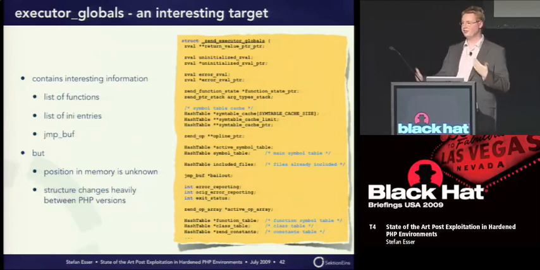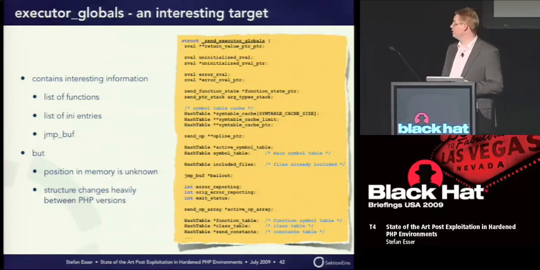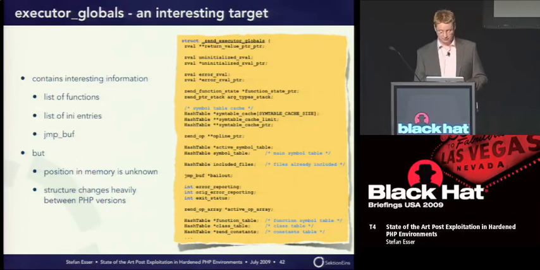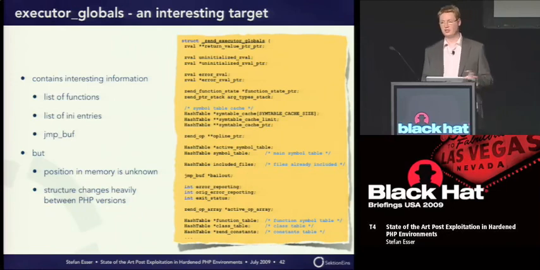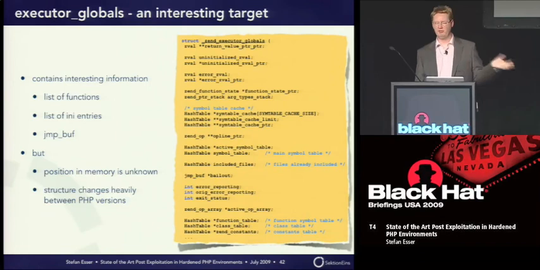These are the settings that we want to modify, so this is also good. And we have a jump buff. We will not use it later, but actually in older glibc versions you can modify it to get arbitrary code execution. The problem with this is that the position of this structure is completely unknown to you, and the structure changes in nearly every PHP version.